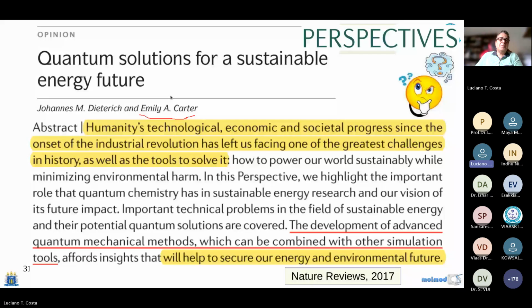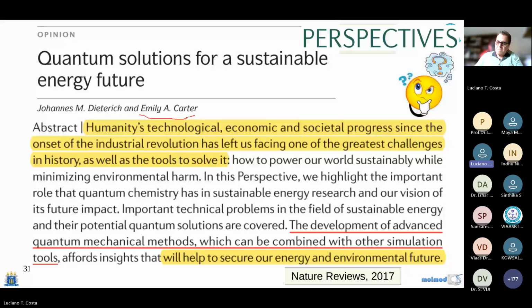Specifically in this paper, it was important to me to visualize that the development of advanced quantum mechanical methods, which can be combined with other simulation tools, afford insights that will help to secure our energy and environment future.